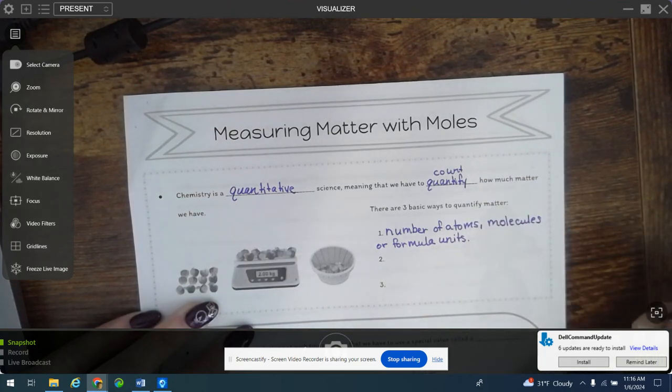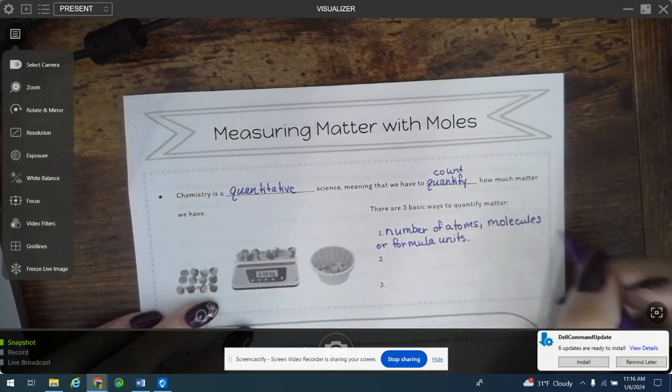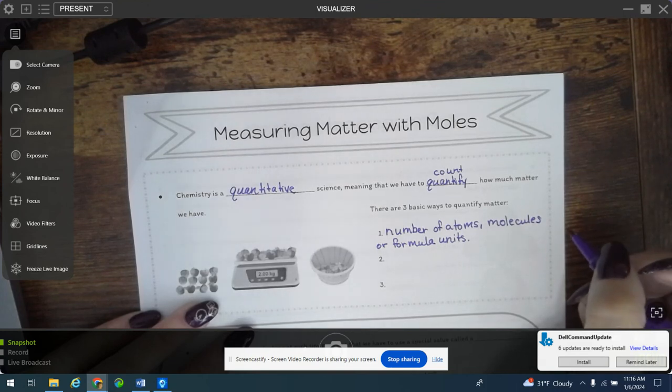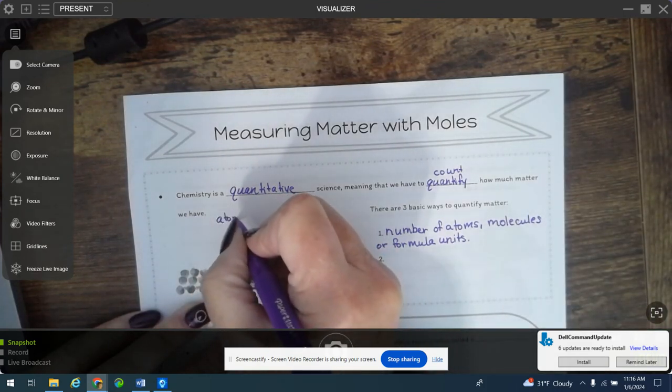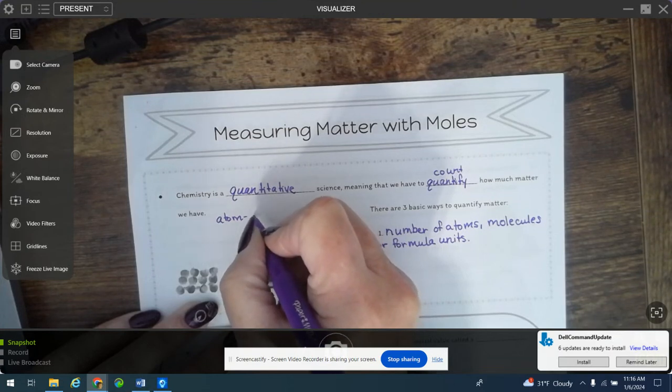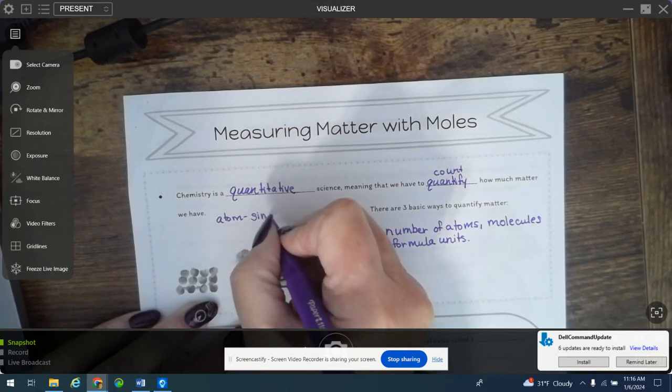Okay, and it's important to kind of define why we have these three terms. Okay, an atom is just a single particle.